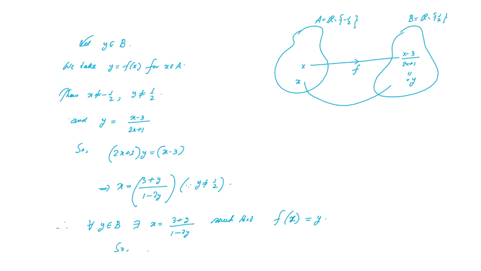And so x equals f inverse of y. Therefore f inverse exists, and what will be the f inverse? So f inverse of y will be x, that means 3 plus y by 1 minus 2y.